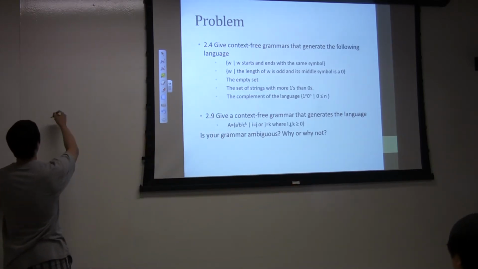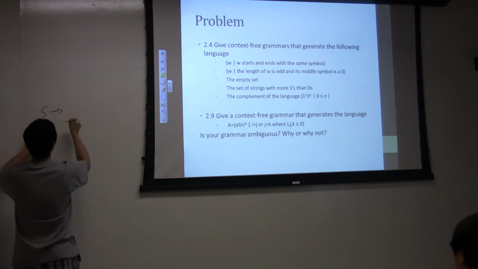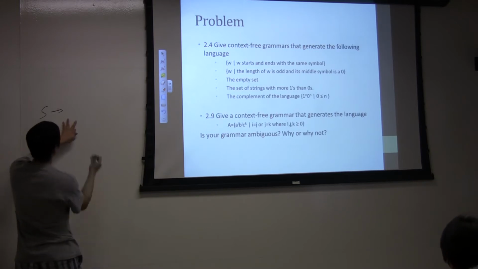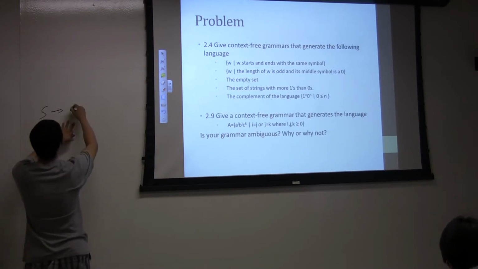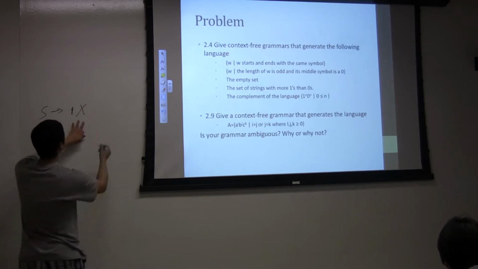Because what's a context-free grammar? What can it do? First, it has a start state. And then you can generate certain things. One of the things is symbols, for example, 1. And it can generate some variables.